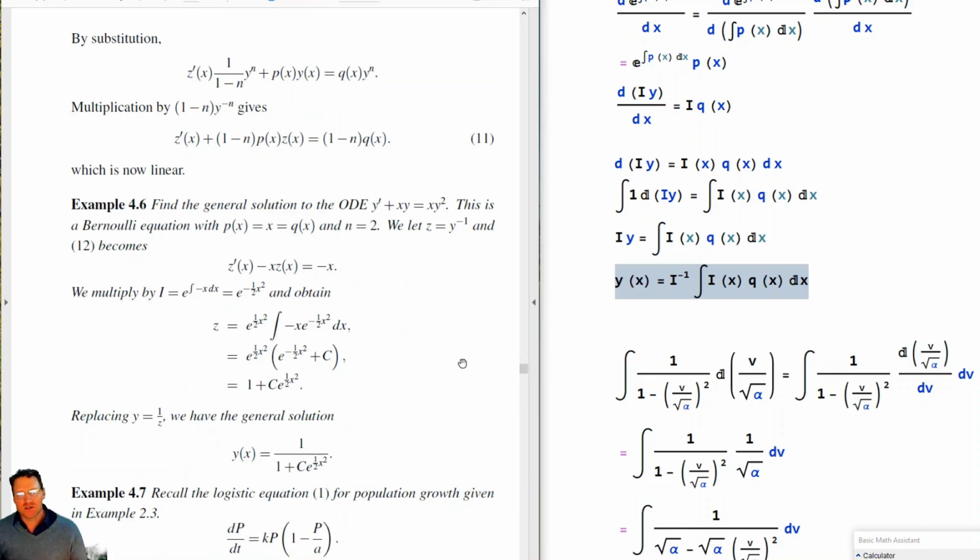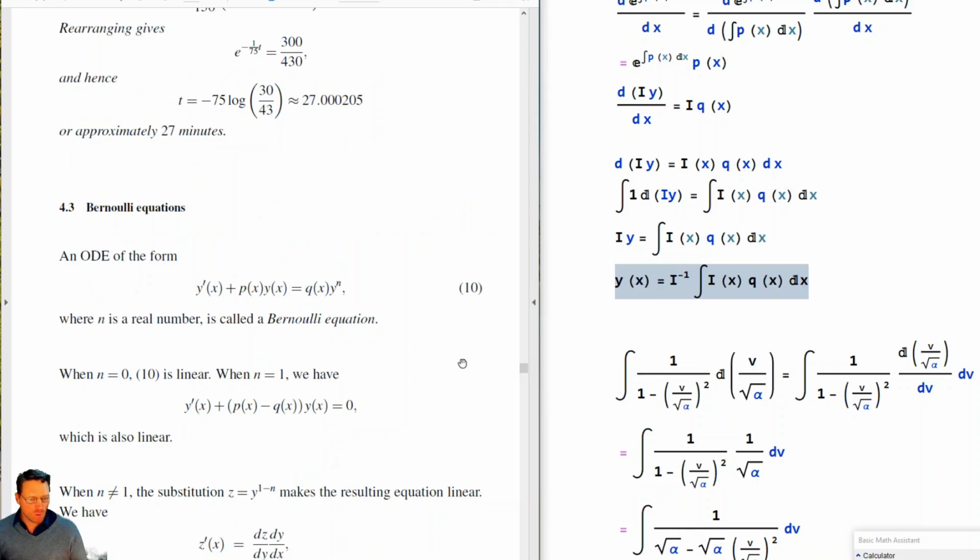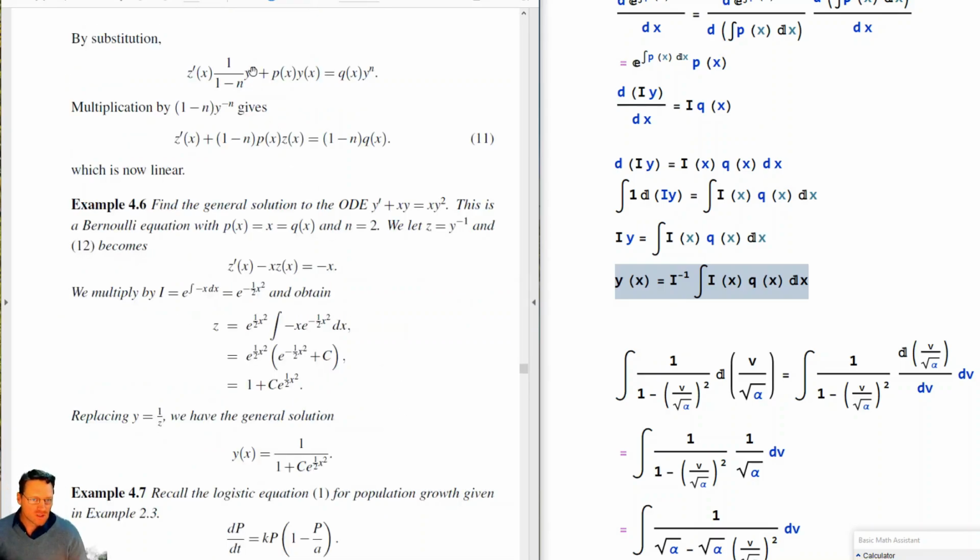So by substitution, let's see, what have we got here? Y dash. Okay, so we can just rearrange y dash here, dividing by 1 minus n times y to the minus n, and so that would be 1 over 1 minus n times y to the plus n. Okay, and then sub into equation 10 there. So that's what we do here.